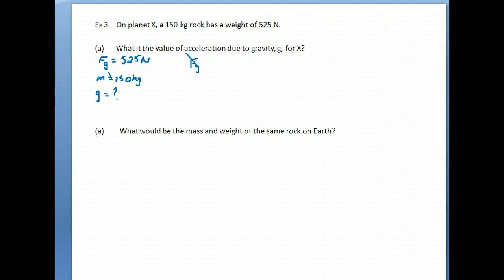And our formula is mass times gravity. So we know 525 newtons equals 150 kilograms times gravity. So to find gravity, we divide both sides by 150 kilograms.